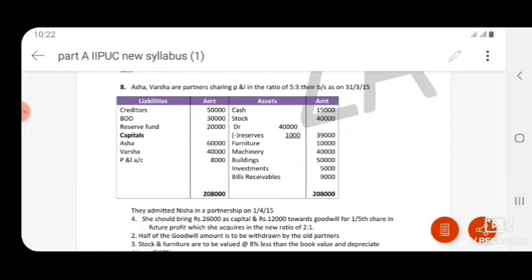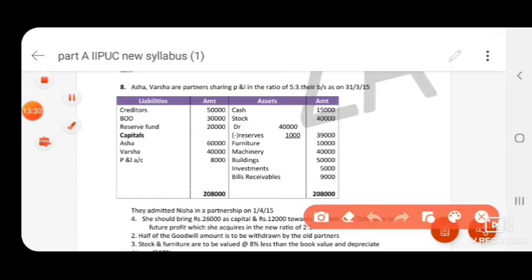Now the liability side, creditors, bank overdraft, so it is a liability, so transfer to new balance sheet. Next, reserve fund, capitals, profit and loss account. So this should be transferred to combined partners capital account credit side.